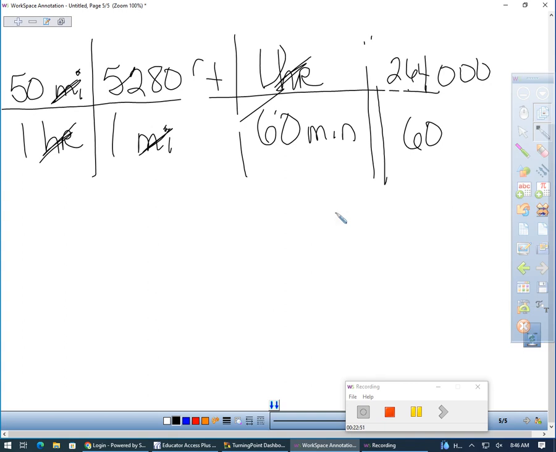Does everybody agree? 4,400. Okay. And what is my label? What did you guys tell me my label is? It's in feet per minute. Exactly. Make sure today you have to have those labels because that's what we're trying to find, right?